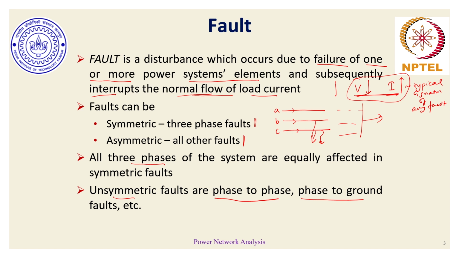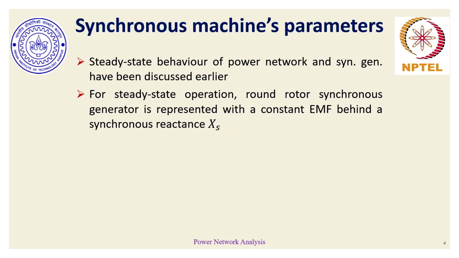What we would be more interested in is, having understood that a fault has this particular signature, to understand the impact of this signature, where during a fault the current tends to go up. So let's see that. In our previous modules, like the power flow analysis module, we discussed the steady state behavior of the power network at length.